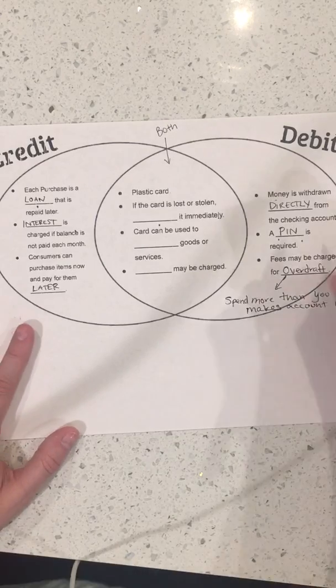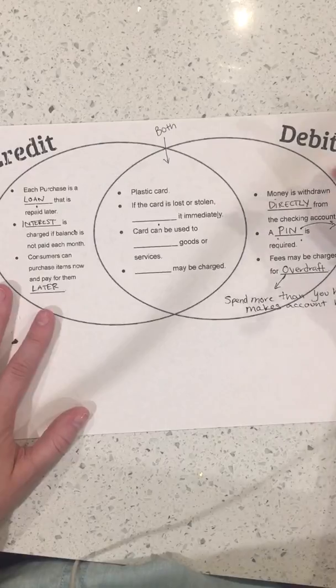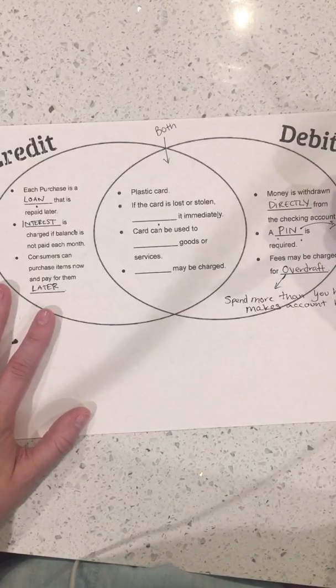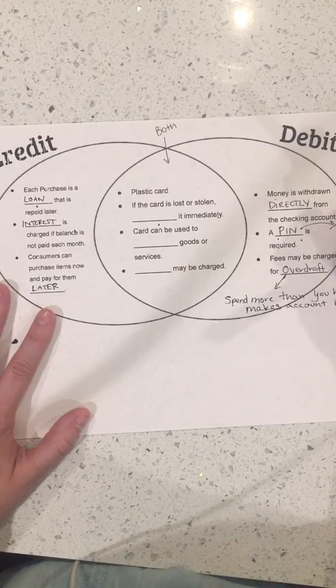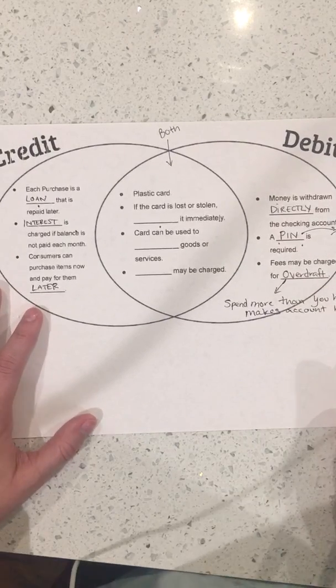Okay. The second is the word PIN. And this is a personal identification number. Which is where they get PIN, personal identification number, okay?